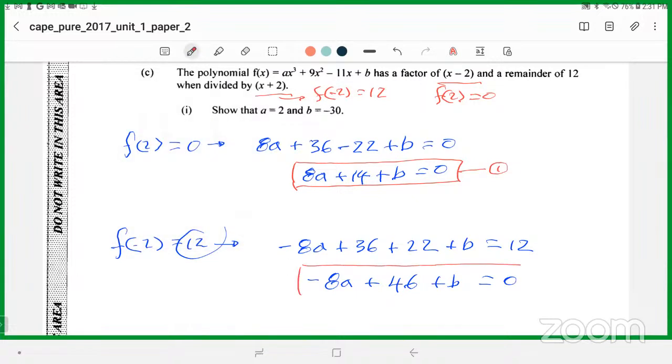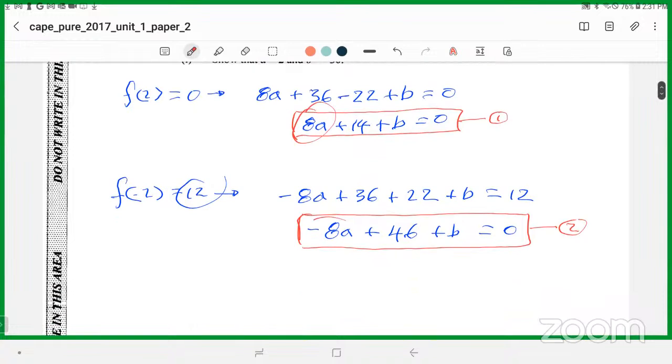Yes, sir. And then what happens, because it's an 8a and a minus 8a, if I add the two equations, I will eliminate these. So let's do it that way. It becomes equation 1 plus equation 2. These will be eliminated.